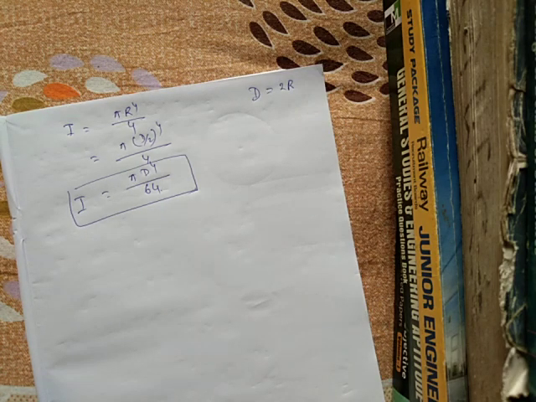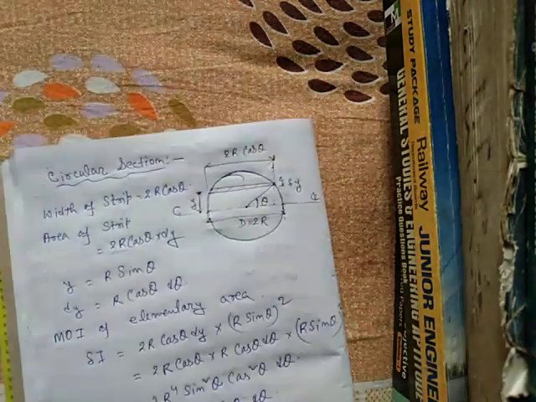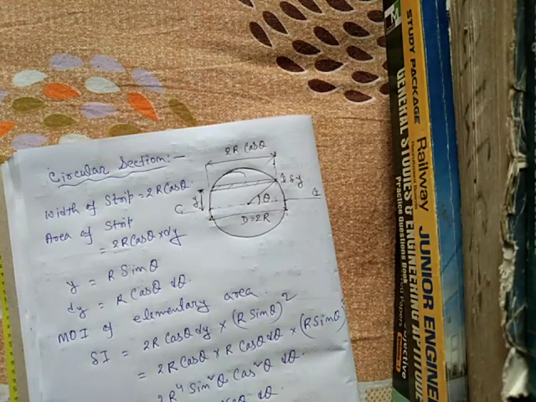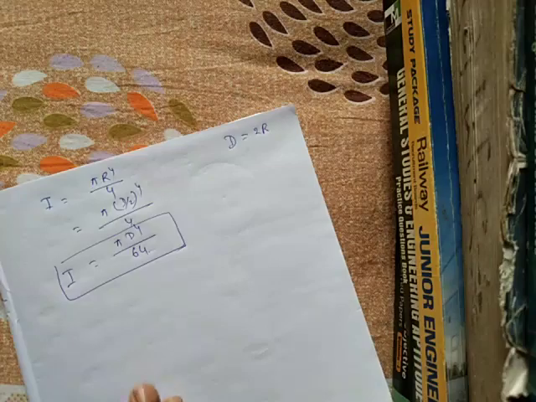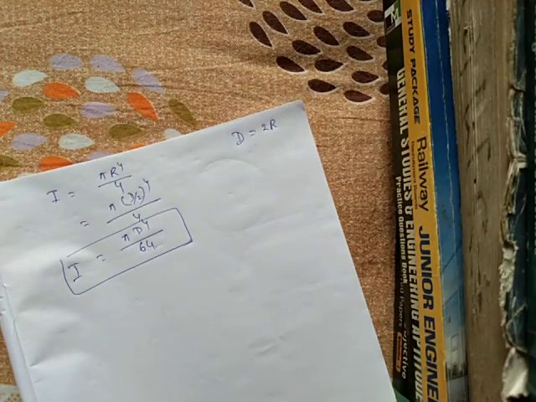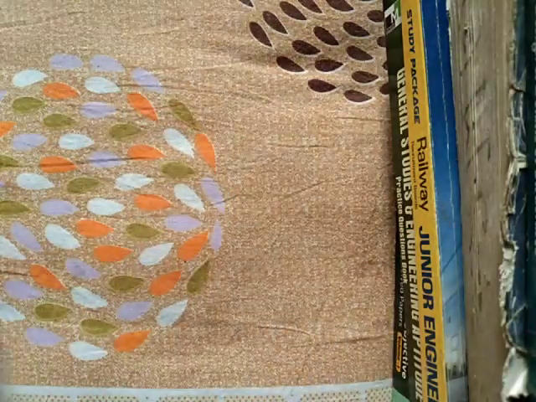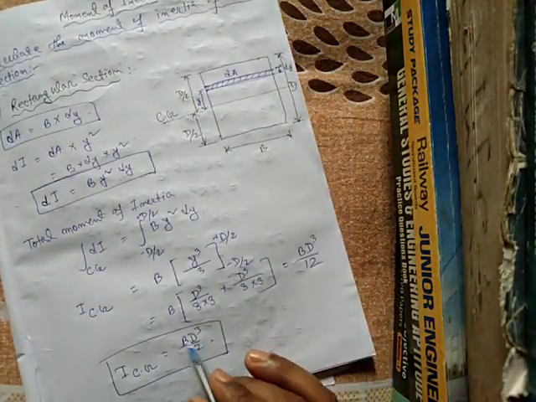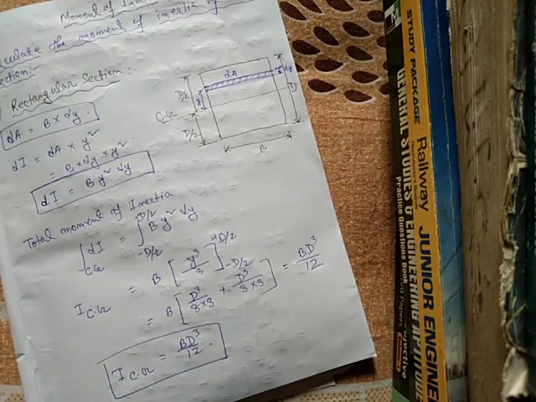This is the moment of inertia of a circular section, and the moment of inertia of a rectangular section about CG is b into d cube divided by 12.